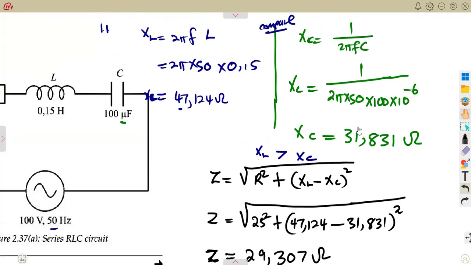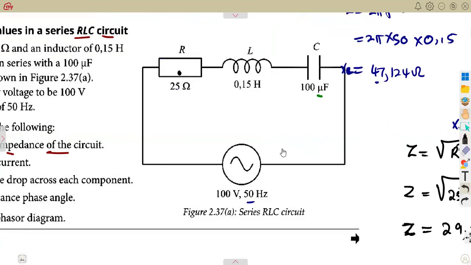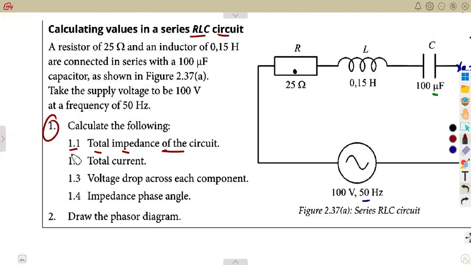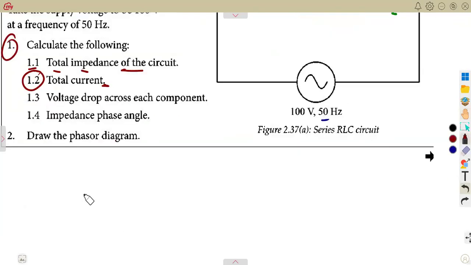Okay, so guys, let us do as much revision as we can. With the total impedance, we can calculate the total current. Remember that current comes from the total voltage, guys. This one is not going to change. The total current is simply the total voltage over the total impedance.